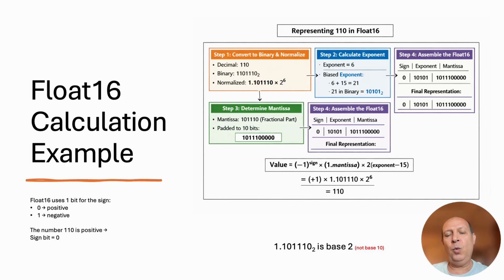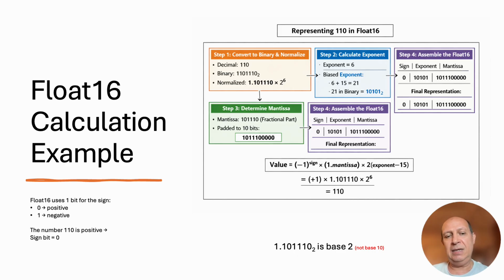Step number 3, we need to identify something called the mantissa. The mantissa is simply the fractional part of the normalized form we just did in step 1. So if we look at the normalized number format in step 1, we see 1.101110, right? So the fractional part is 101110. This is our mantissa.